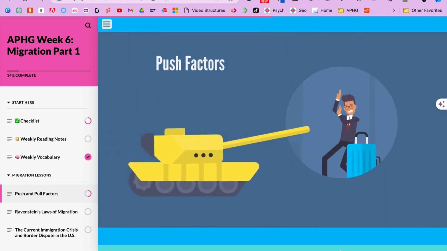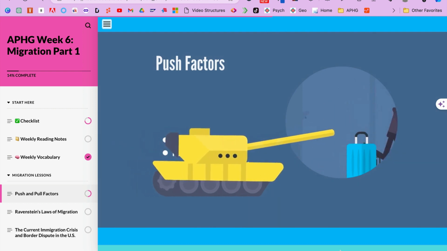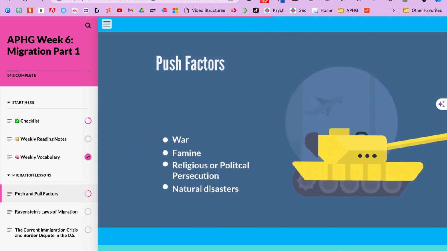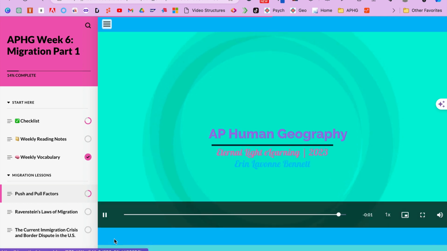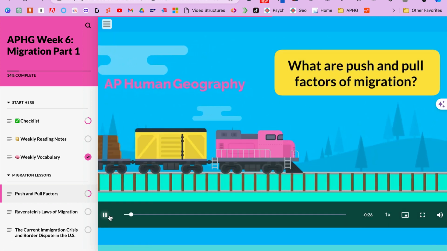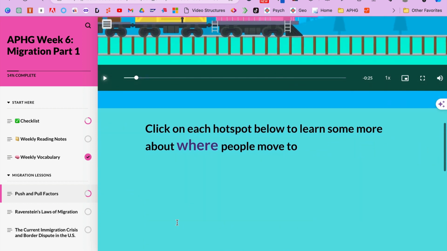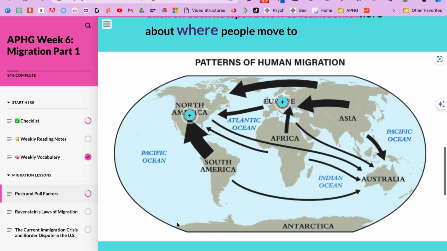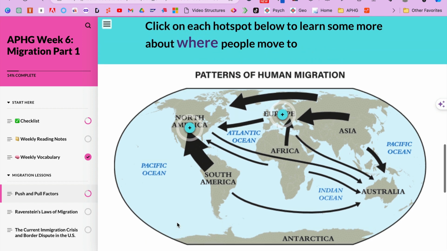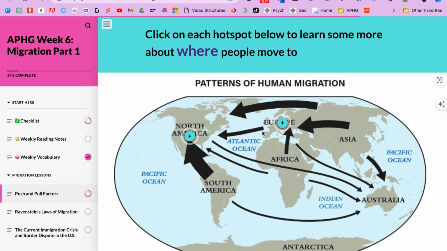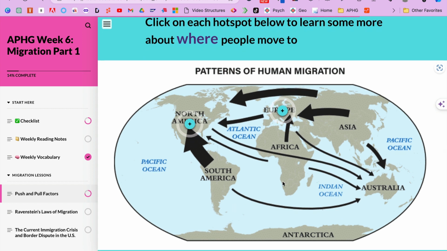Push factors push people away from their home and include things like war and famine. So, that kind of outlines those definitions.